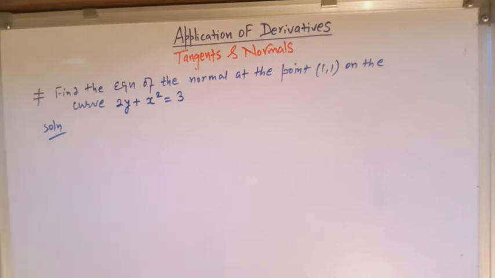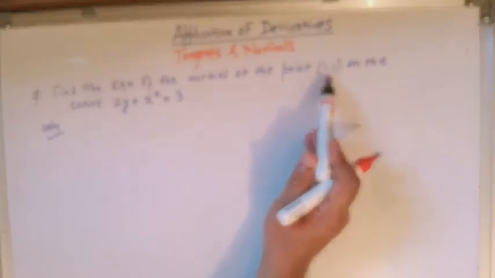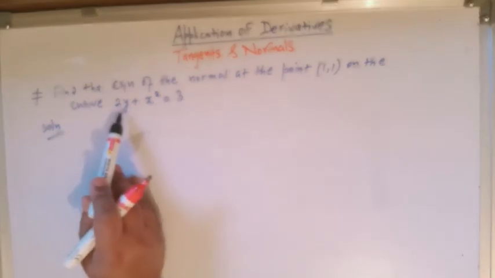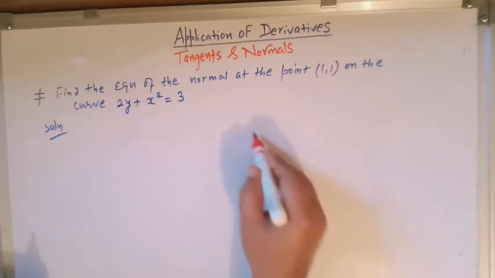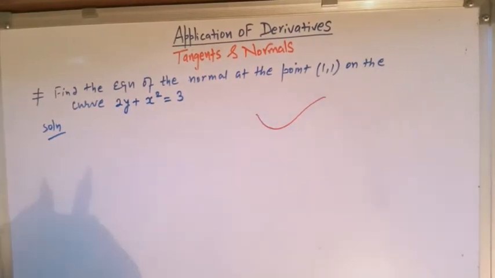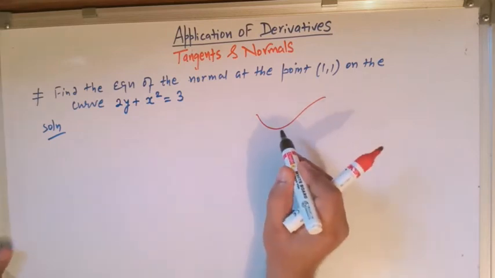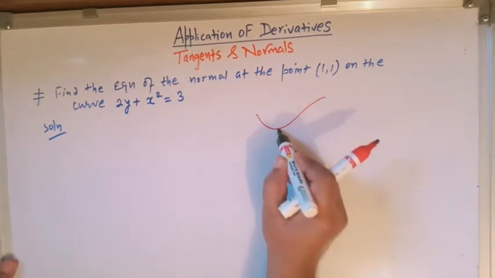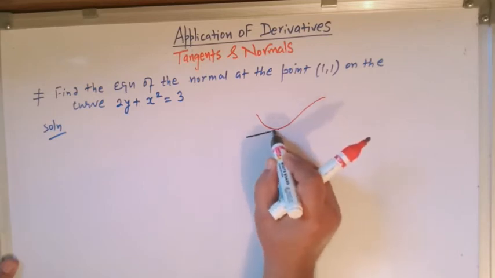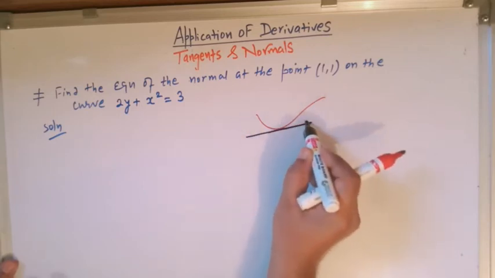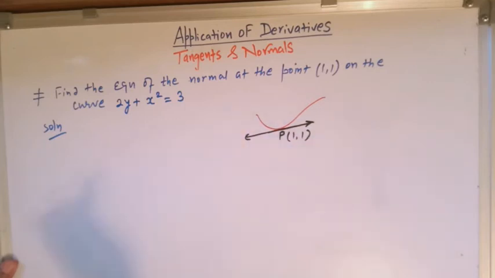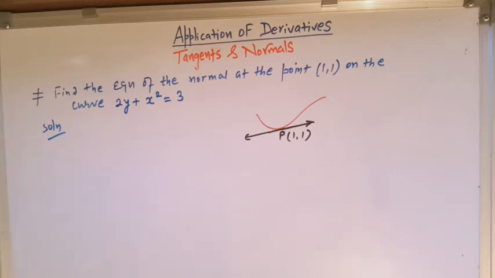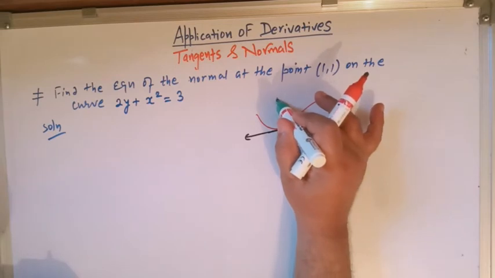Find the equation of the normal at the point 1, 1 on the curve 2y plus x square equal to 3. Suppose this is the curve, and we have to find the equation of the normal. Say this is the point P and this is the tangent at this point P, and the coordinates of the point are 1, 1. Then the normal is this line.